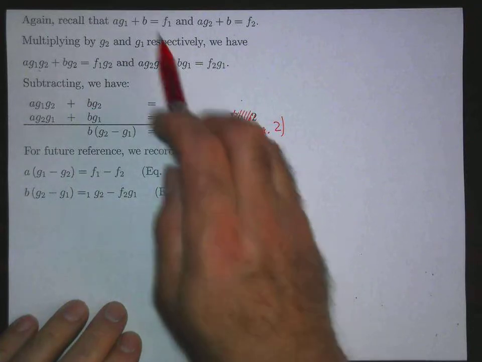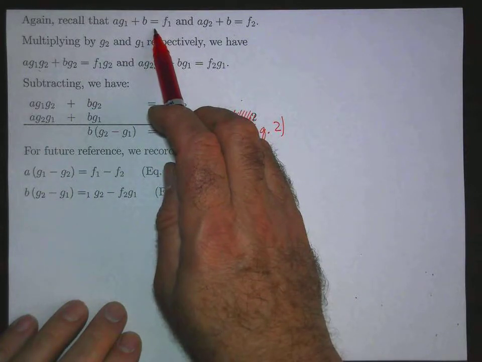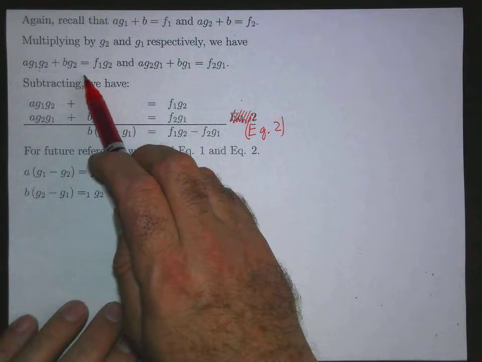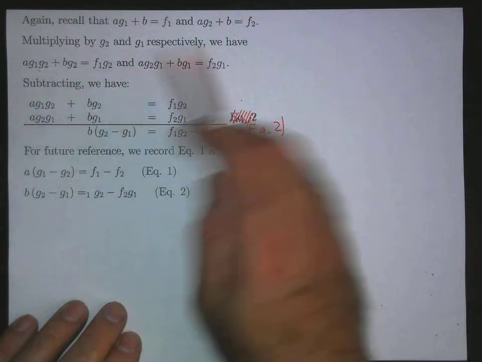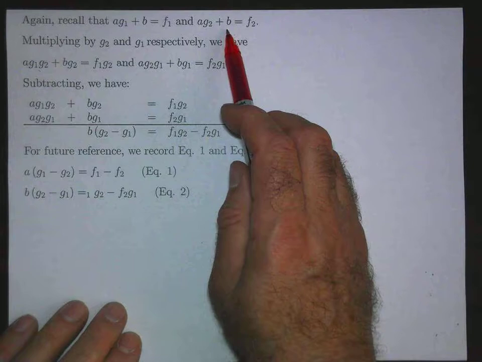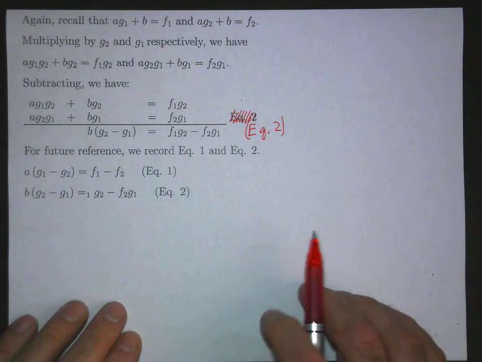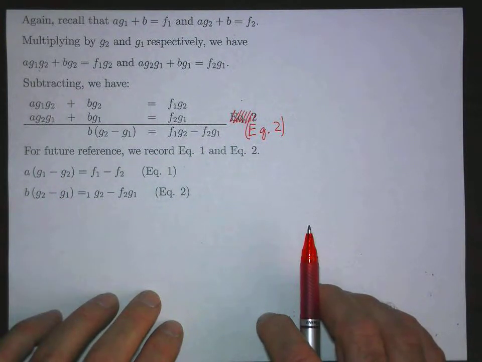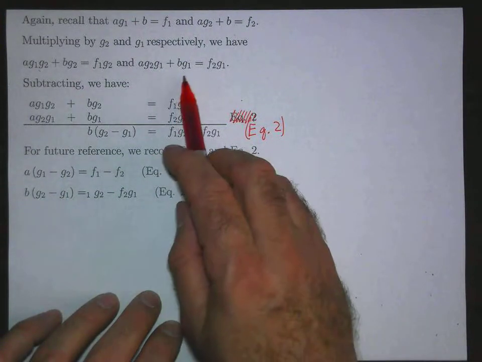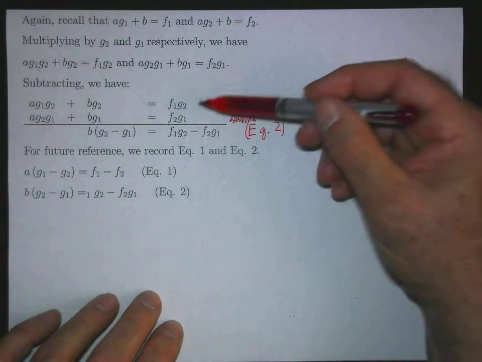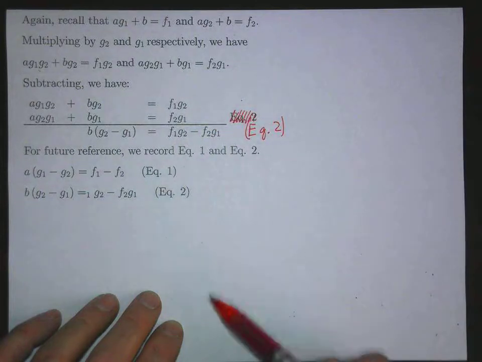Well, here's what we do. Take this equation, multiply it by g2, and that yields this thing. Take the second equation, f2, multiply both sides by g1. And we take the second again and subtract it from the first, and that yields this mess.